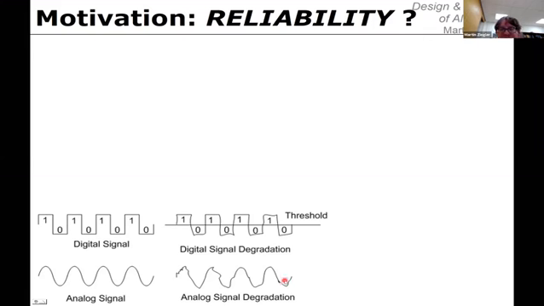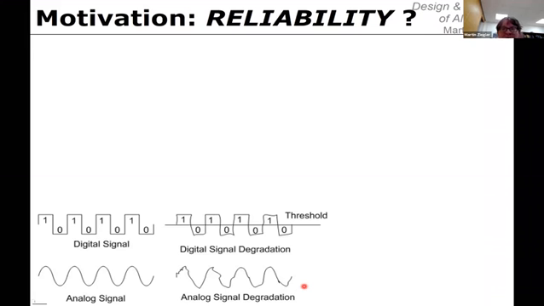So when transmitting signals, when processing signals, some noise occurs, and the more processing, the more transmission, the longer the transmission is, the more noise gets added, and this distorts the signal. And so when you have an analog signal, that means the resulting sound, the resulting image, the resulting data will also be subject to the degradation.